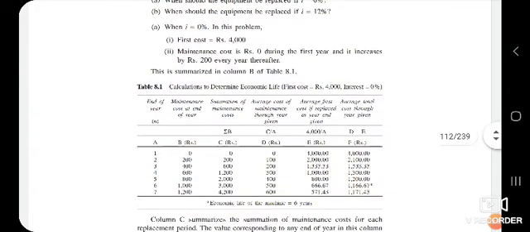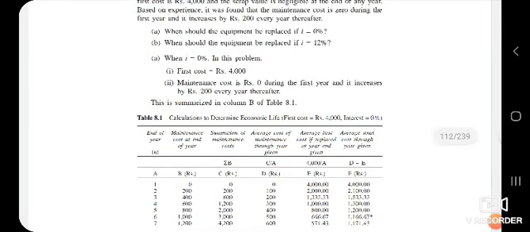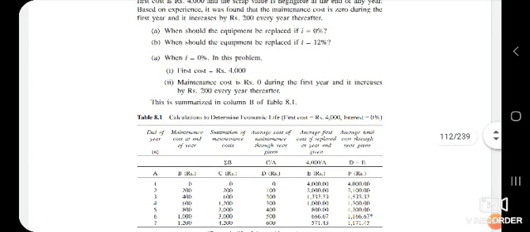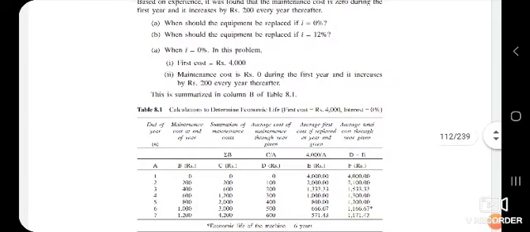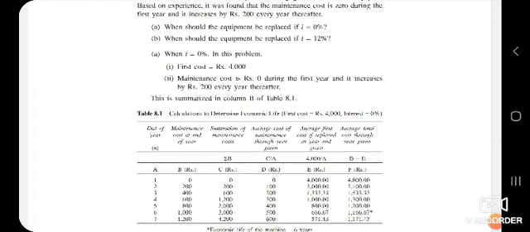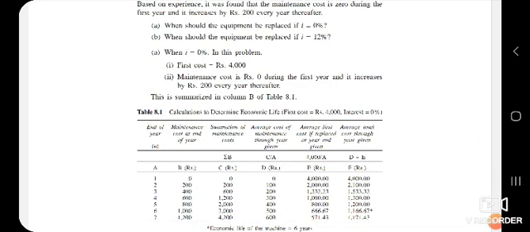Okay, so likewise we have to generate this for each year. If you take the second year, the maintenance cost is 200, right? After the first year it increases by 200 each year. So the summation of maintenance cost will again be 200, and the average cost of maintenance through year given will be the summation of maintenance cost divided by the end of the year, that is 200 divided by 2, so 100.